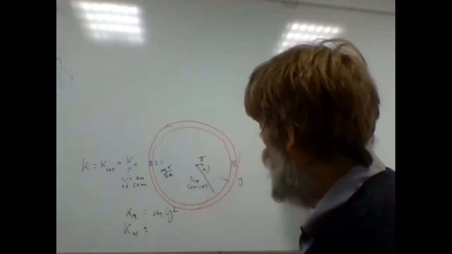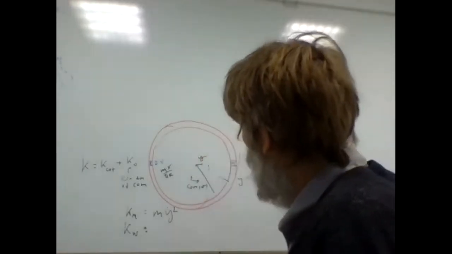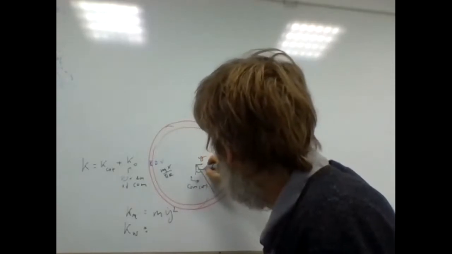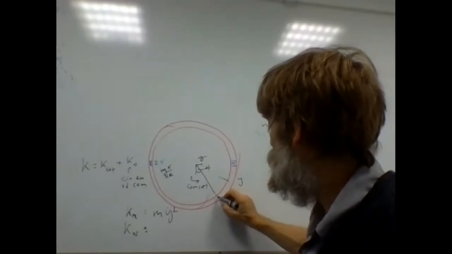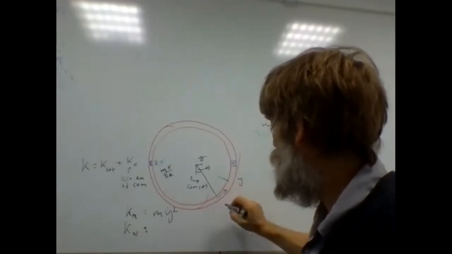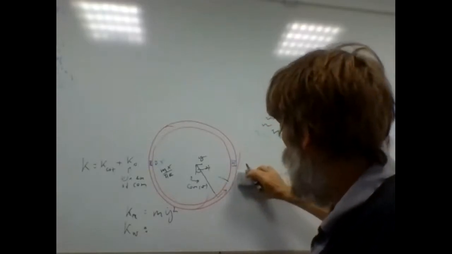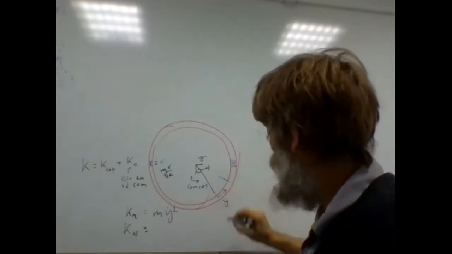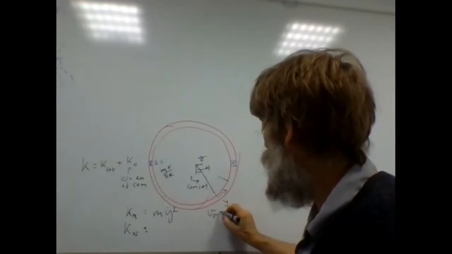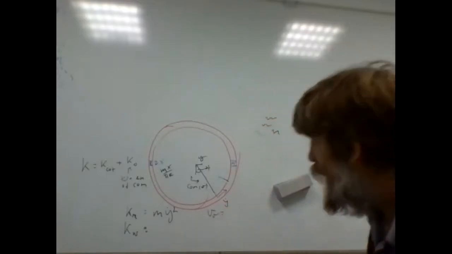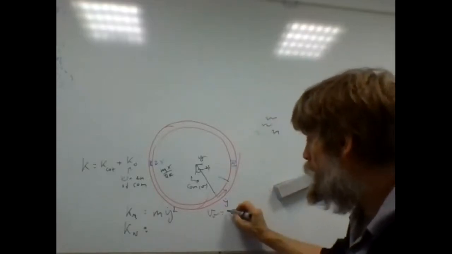So this angle here is alpha. Then water moves in that direction, and so the vertical speed is y dot times sine of alpha.